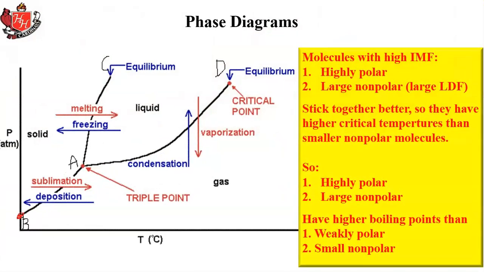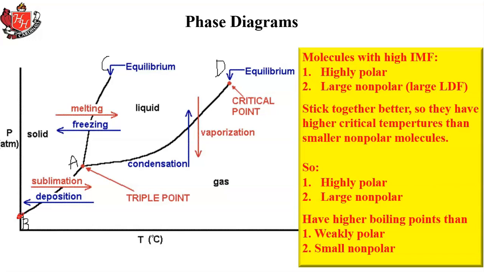Okay, so molecules with high intermolecular forces, what are they? They're molecules that are highly polar, or they're very large nonpolar molecules that have large London dispersion forces. These stick together better, so they have higher critical temperatures than smaller nonpolar molecules.